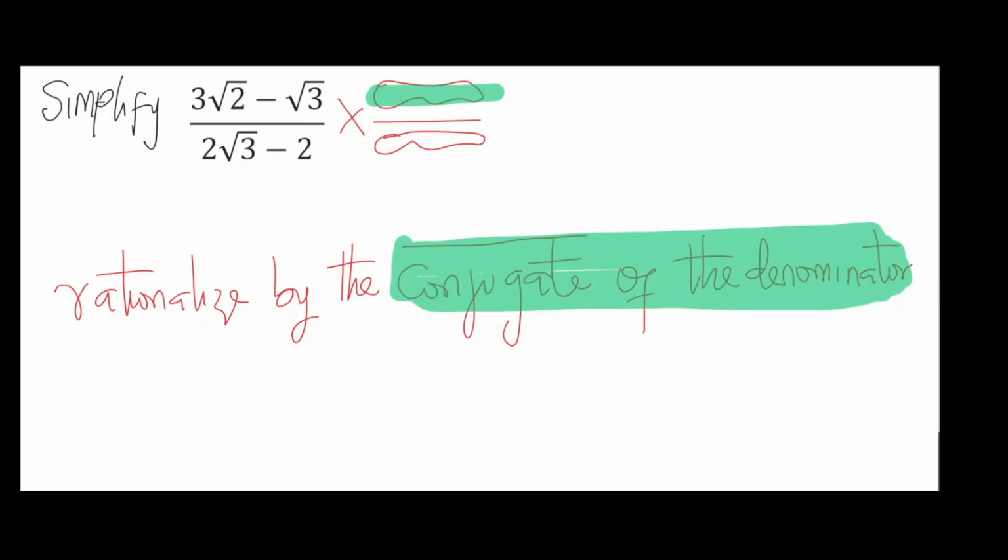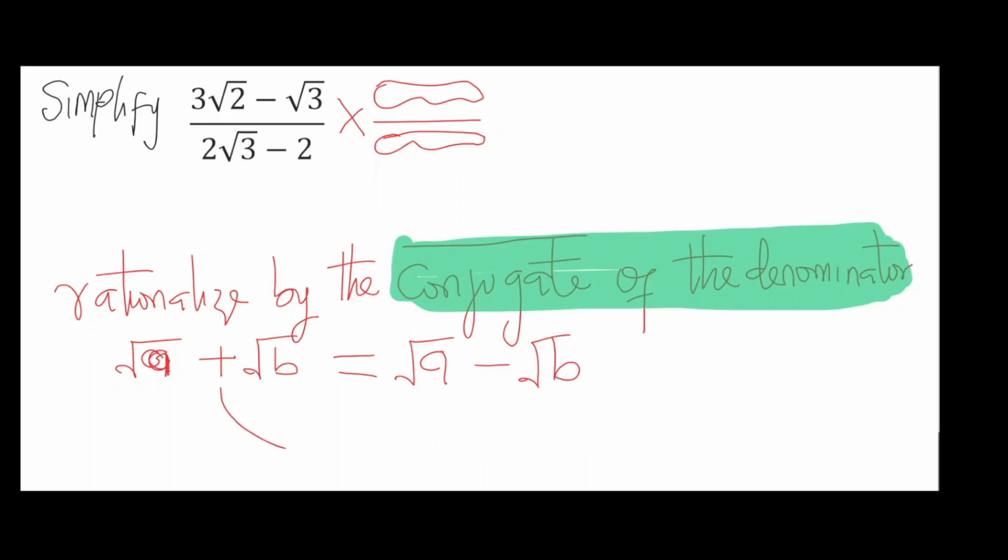But the question is, what is the conjugate? Do we know what conjugate is all about? Let's quickly talk about it in short format. When we have root A plus root B, the conjugate of a surd like this is going to be root A minus root B. So the sign changes from plus to minus.